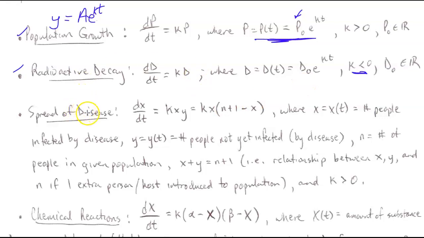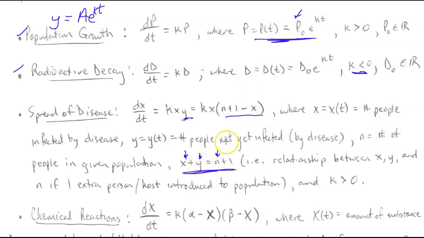If we were to try to model the spread of a disease, then, of course, this would be a differential equation that we could look at. And if we had defined y as being n plus 1 minus x, that's so because we would look at the number of people who are already infected plus the number of people who are not infected would be n plus 1, where n is the number of people in a given population.